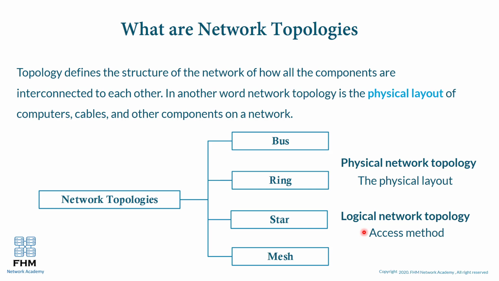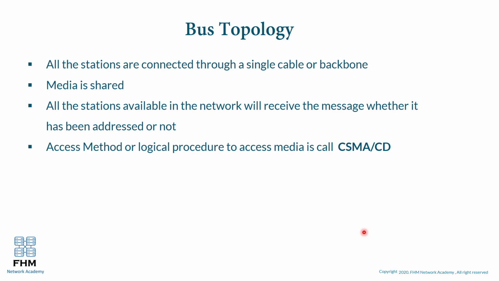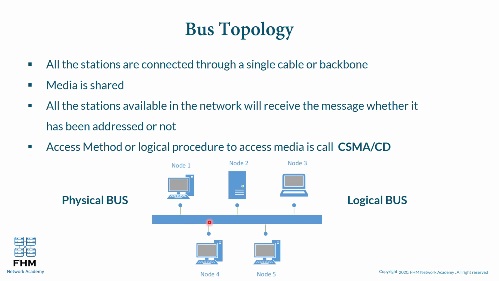Okay, let's talk about the first one, bus topology. In bus topology, all stations are connected through a single cable or backbone. As you can see in the picture, all these 5 nodes are connected to the same bus or same media. So the media is shared, and all the stations available in the network will receive the message, whether it has been addressed to them or not.